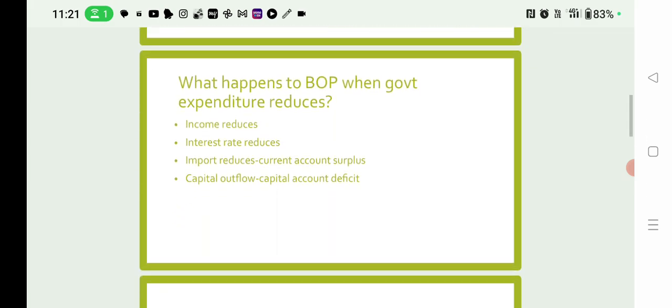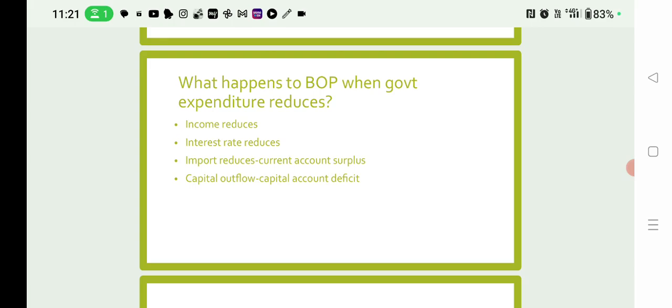Then let's look at the effect of a fall in government expenditure on the balance of payment. When government expenditure is falling, income in the economy falls, and the interest rate reduces as the availability of funds for private investment rises when the government reduces its expenditure by cutting down borrowing.